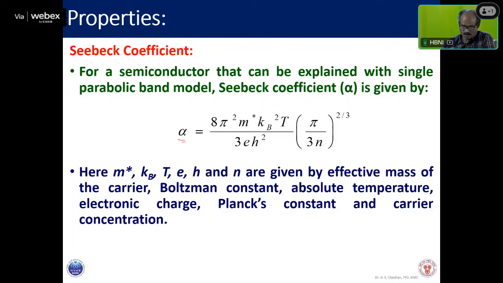And here m star is the effective mass, as we learned in the first lecture, kB is the Boltzmann constant, T is the absolute temperature, e is the charge, h is the Planck's constant, and n is the carrier concentration.